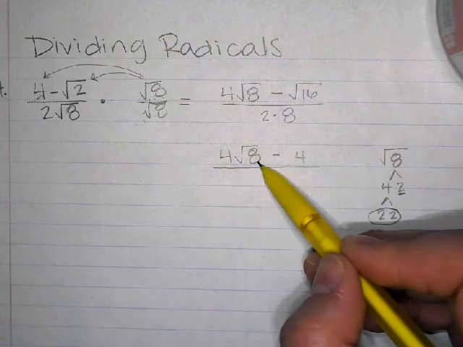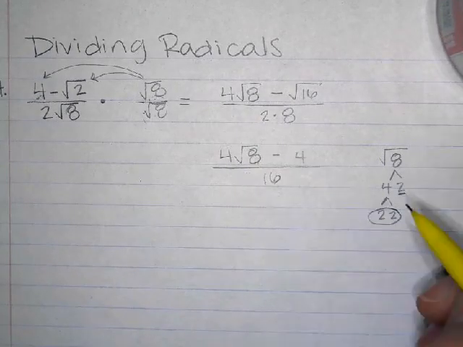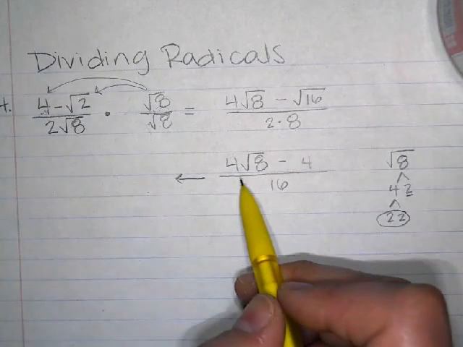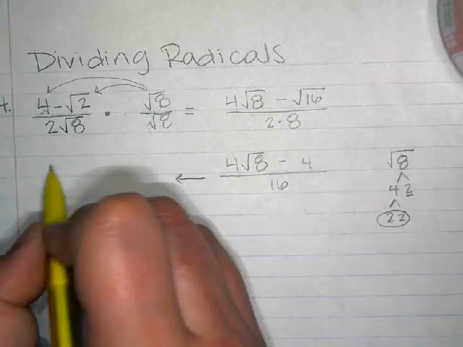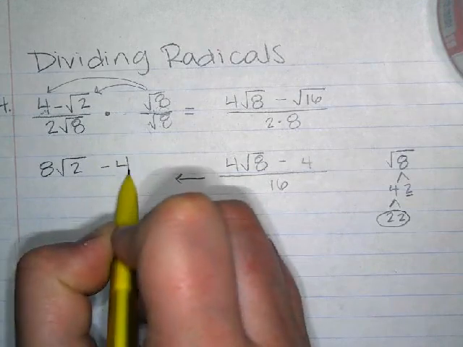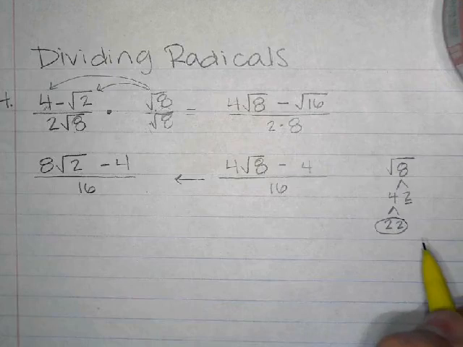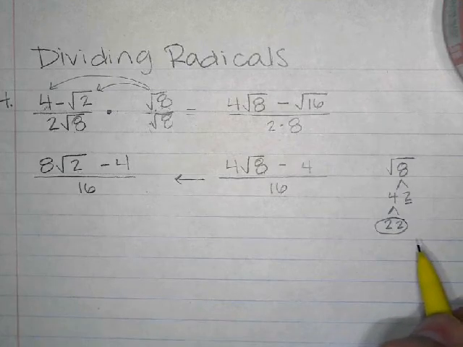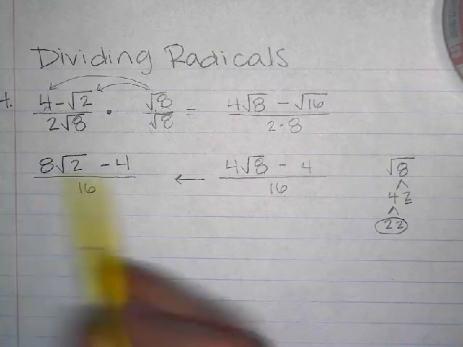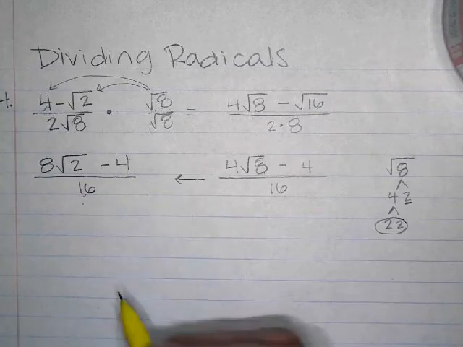So if the root 8 is a 2 root 2, then what do we have? But you're not adding, you're multiplying. 8 root 2. Okay, so we have 8 root 2 minus 4 over 16. So we can't touch the radical, but we can look at all these numbers and we can divide all those numbers by the same thing.